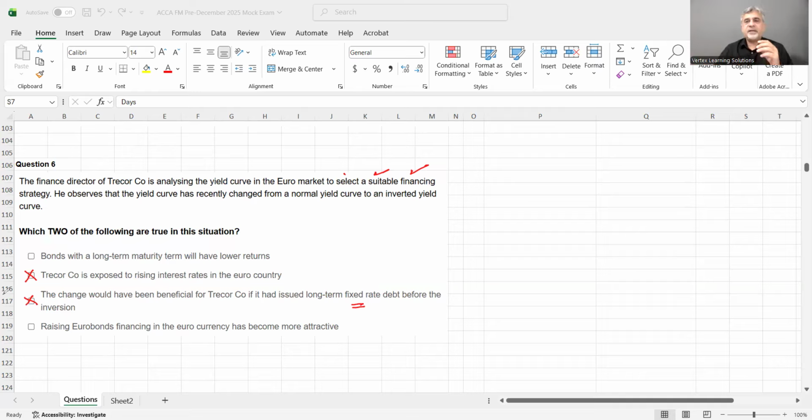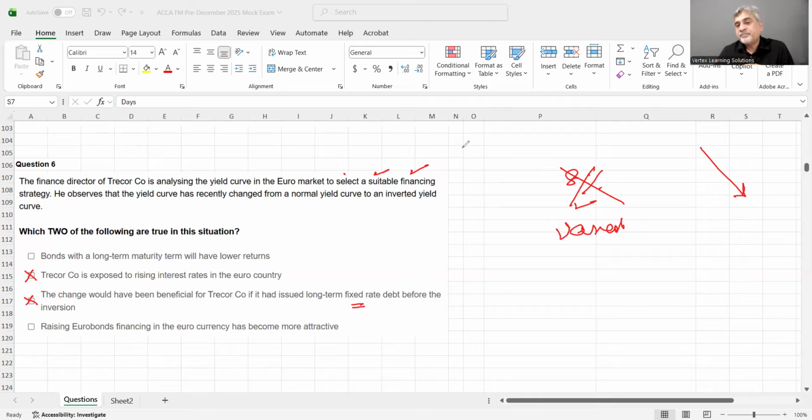Because if I sign it today at 8% fixed rate, tomorrow the market will fall down, but I still have to pay 8% because my loan is a fixed rate loan. So if I expect that in the future market interest rates will fall, I will never lock myself in at 8%. I will go with the variable rate, so that if the market interest rate LIBOR goes down, I will pay less interest. And this is vice versa.